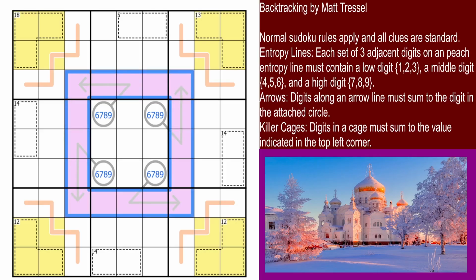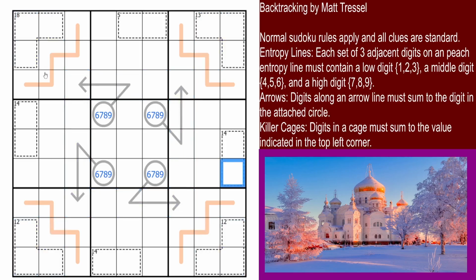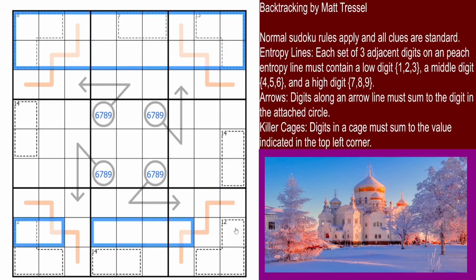We can prove that first. So how to prove that? Let's say I have four sets. I have taken all the digits in these four cells and put them into one container.